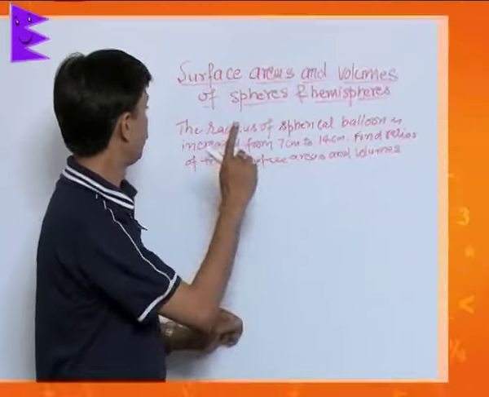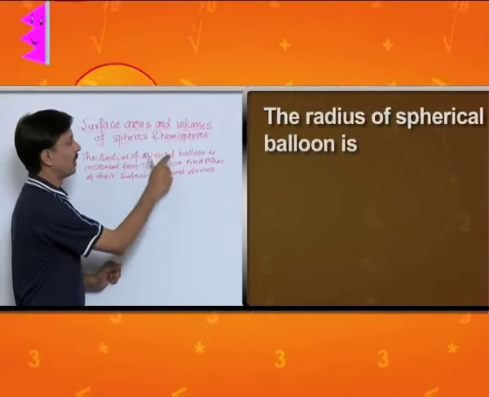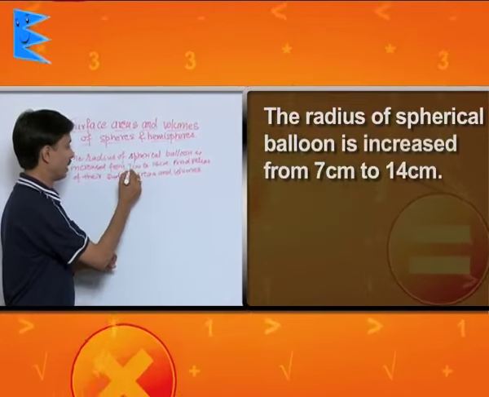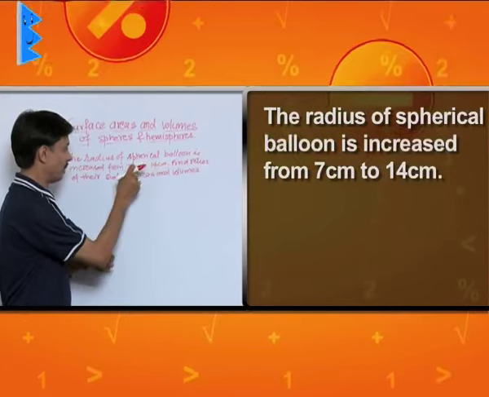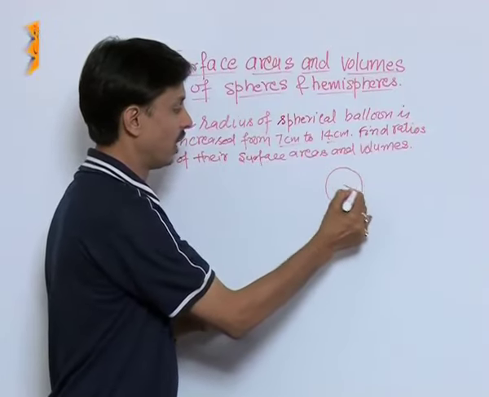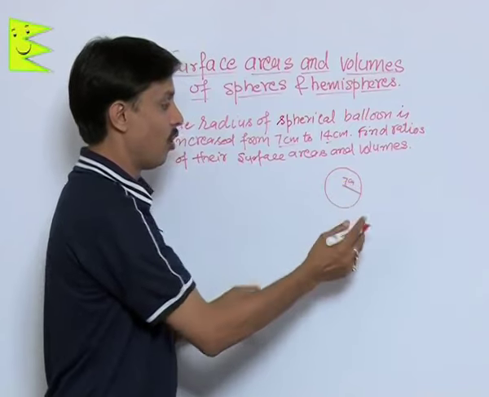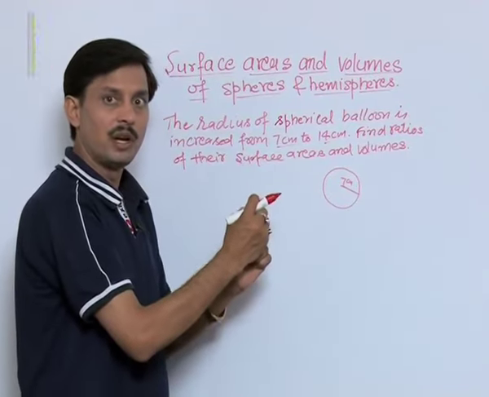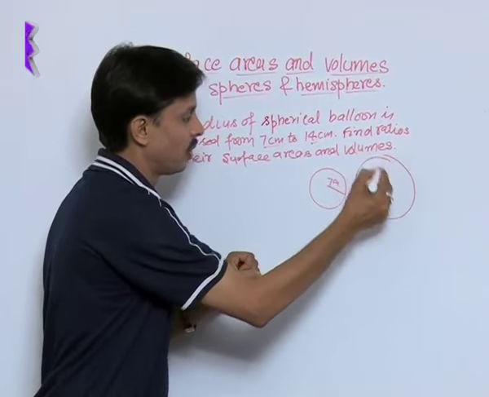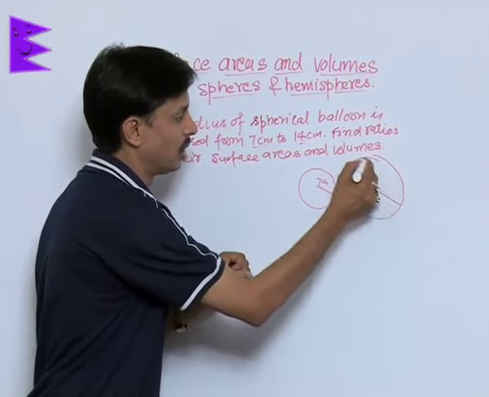The question is, the radius of a spherical balloon is increased from 7 centimeter to 14 centimeter. Initially there was a balloon with a radius of 7 centimeter. When air is pumped into it, it is inflated, and the radius becomes 14 centimeter.